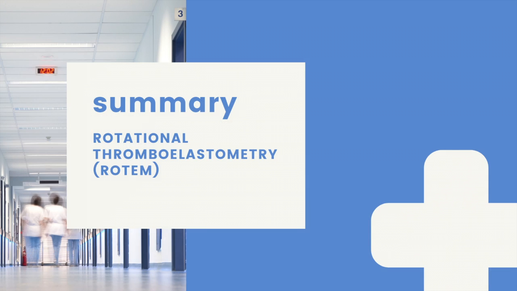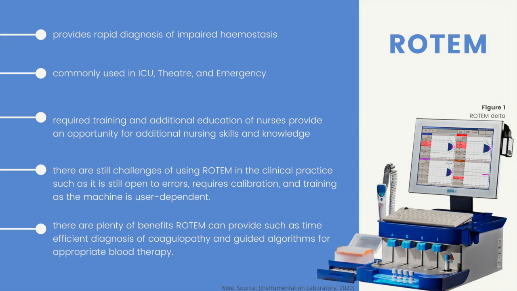To summarize, ROTEM is a point-of-care test that diagnoses coagulopathy using a whole blood sample. It is commonly seen in ICU, theaters, and emergency department. Nurses acquire additional nursing skills from using ROTEM, as it requires additional training and education for its operation.